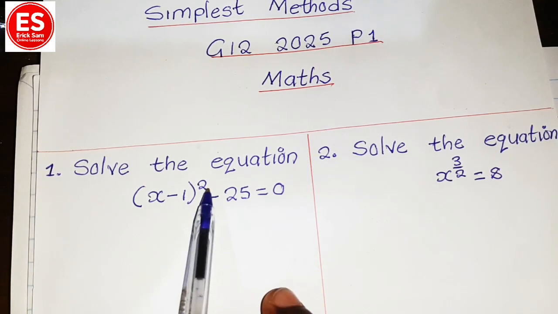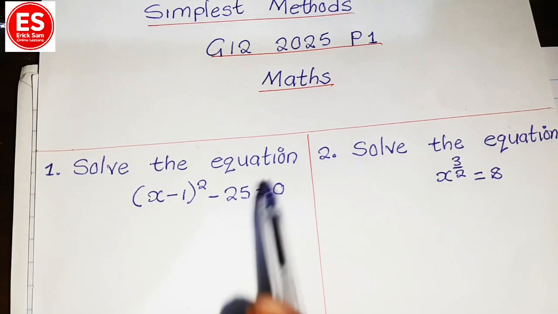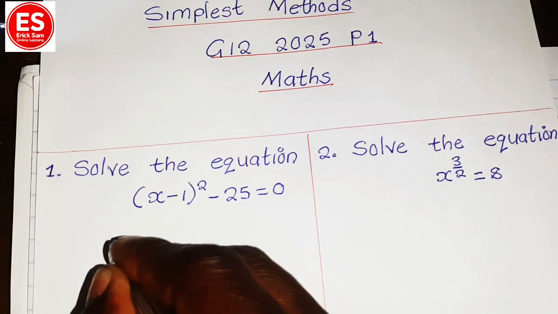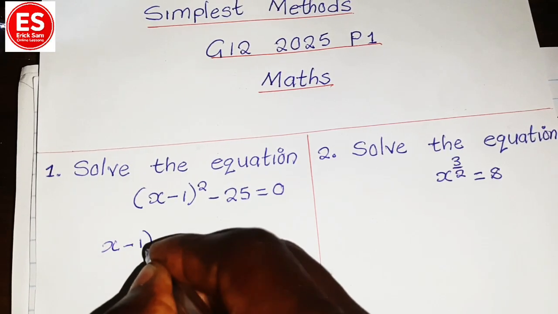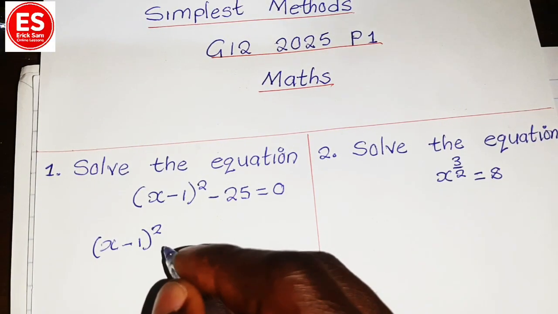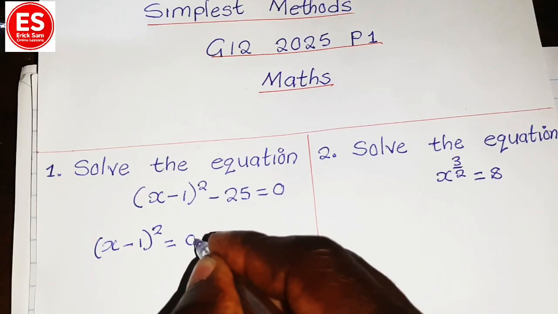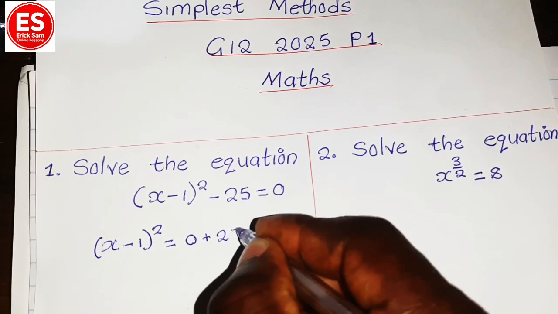The first thing we have to do is take 25 to the other side, negative 25 to the other side. So we are going to have (x minus 1) closed, is equal to 0 plus 25.